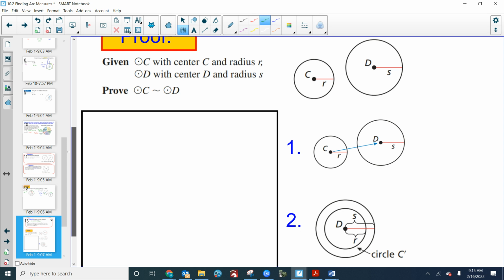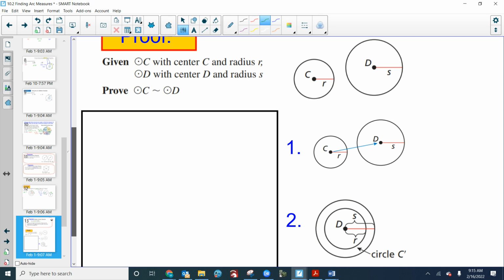I bet you would say, if it was on a graph, move it over this many units and up this many units. Okay? Now, how do we show it's similar? Well, map C onto D, it might be a rigid motion, but it's going to definitely involve a scale factor. Do you agree? We're going to have to use a scale factor to enlarge C to turn it into D.